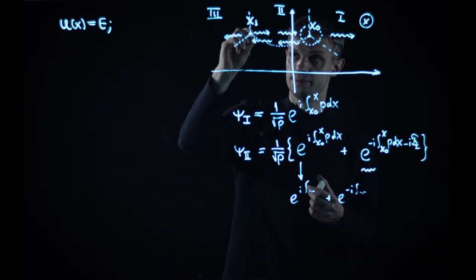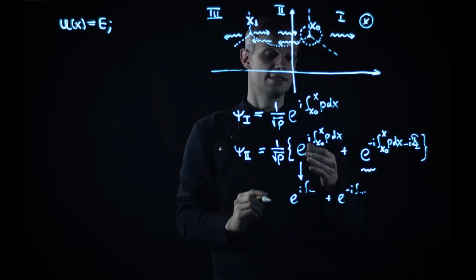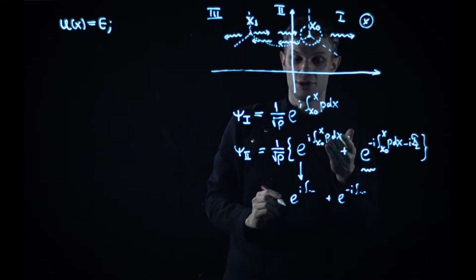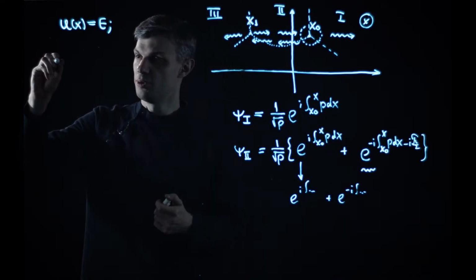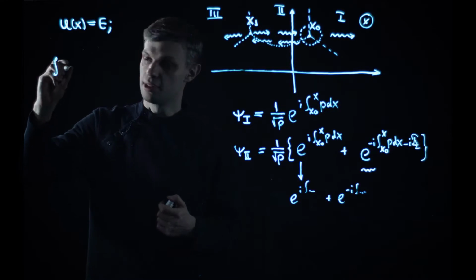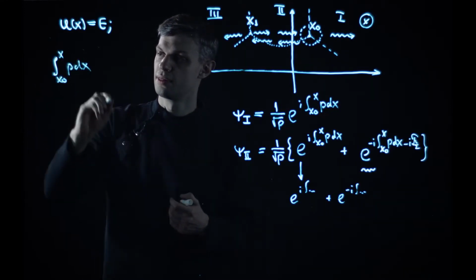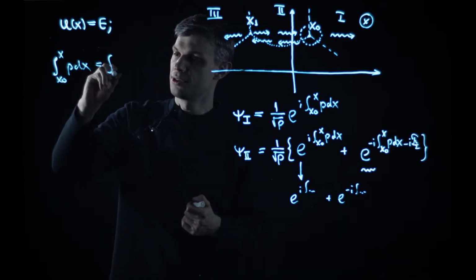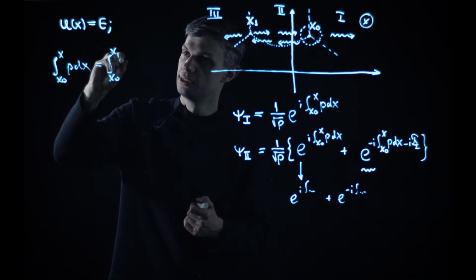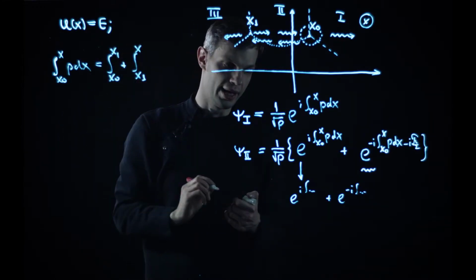However, this is true, of course, only in the vicinity of point x1. So to simplify things, let's split these semi-classical integrals in the exponents in the following manner. The integral from x0 to x is split into the integral from x0 to x1 plus the integral from x1 to x.